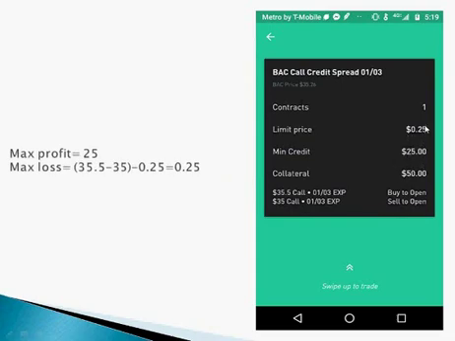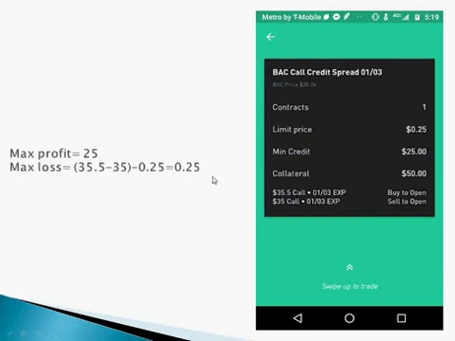You multiply 0.25 times 100. The maximum loss you can calculate by subtracting the upper strike price, which is $35.50, minus the $35 lower strike price. You subtract the premium received, 0.25, and then you get 0.25. You multiply this by 100 and you will get $25.